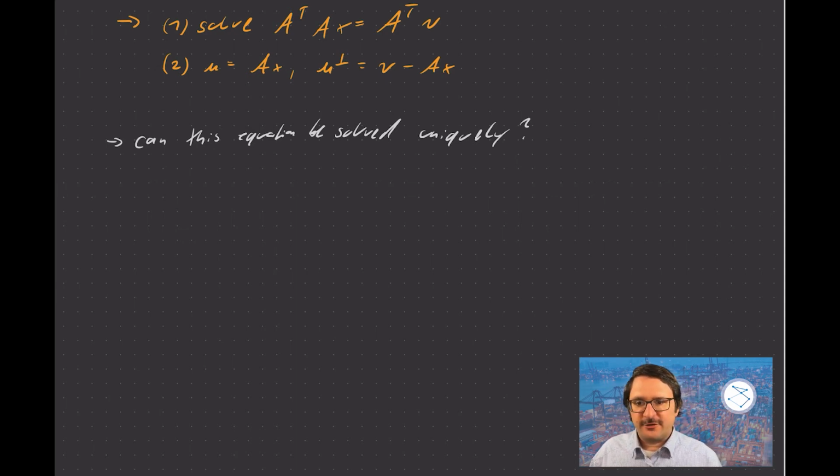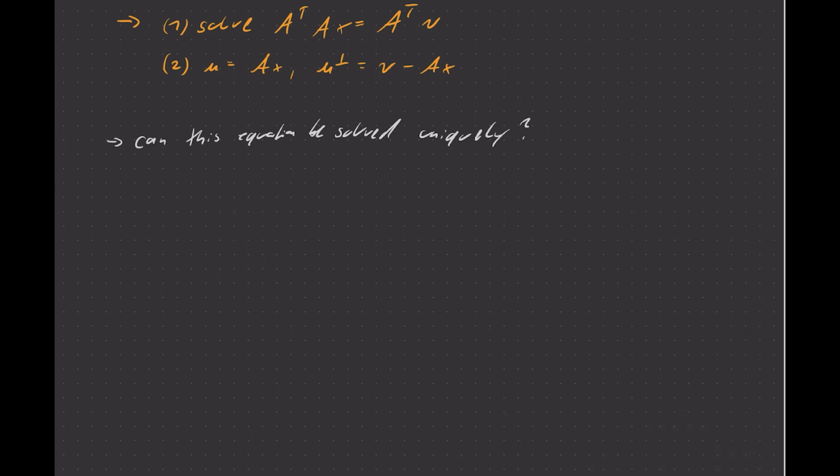So this matrix has full rank, at least under certain conditions. The one condition that we'll assume here is about A: we know that A is composed of bases in its k columns. So that means the matrix A has rank k. We know that. And then the question is, can we infer that A transpose A then has rank k as well? That's what we're going to prove right now.